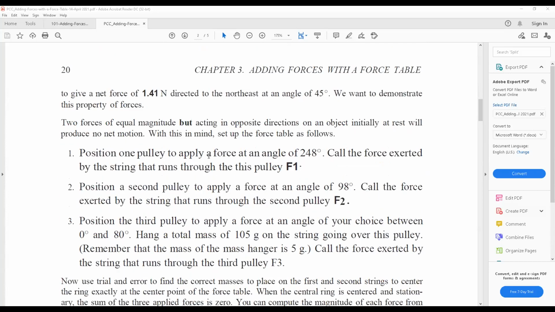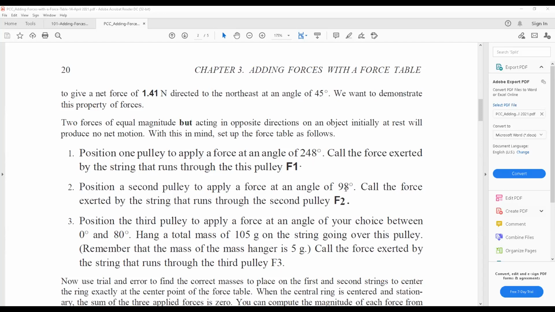One of the most important points is that I have modified the force table simulation that you have. So you're gonna position one pulley to apply a force at an angle of 248. Call the force exerted by the string F1. The second force we call F2, and you can set it at.